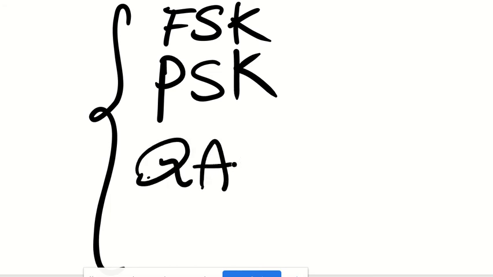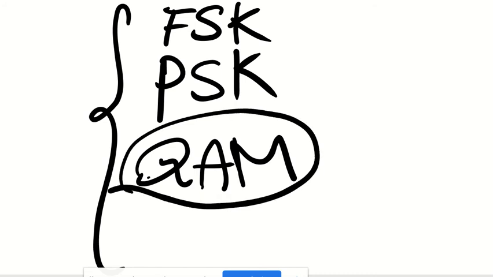Another one that's important for you to know, and I'm sure you have seen it because I heard one of you talking about it in one of the assignments or presentations, is QAM, quadrature amplitude modulation, which I will talk about a lot today. QAM is a very important topic, and it's good to know in general for your common knowledge. QAM is a kind of modulation that is used in modems.